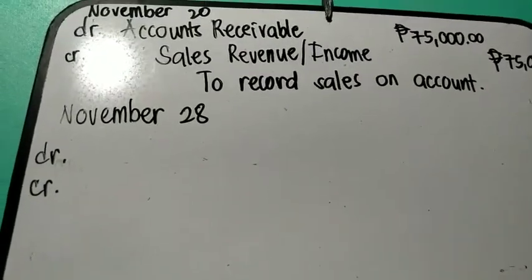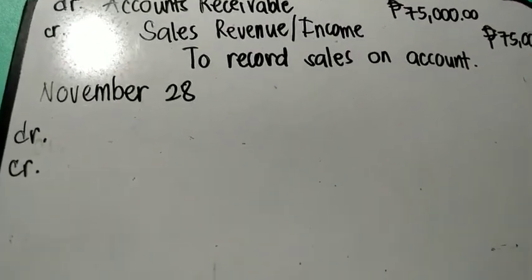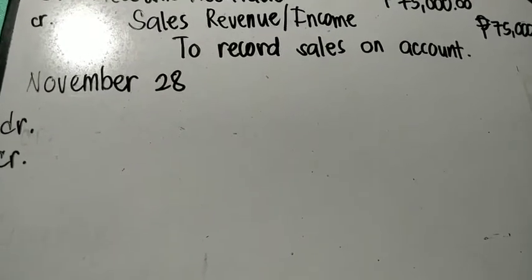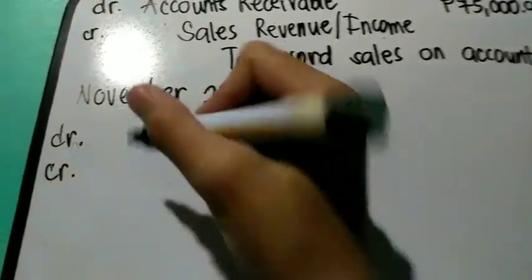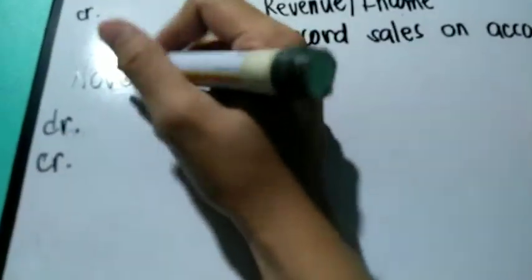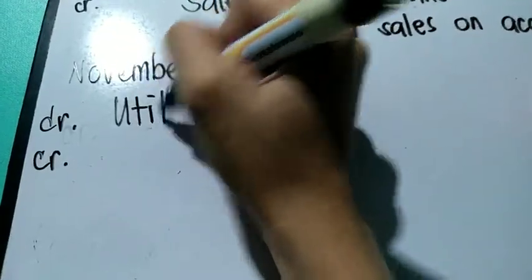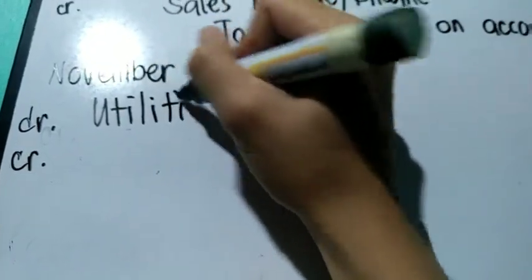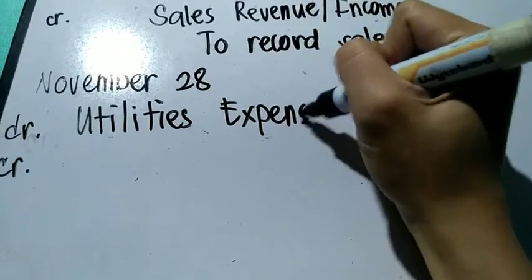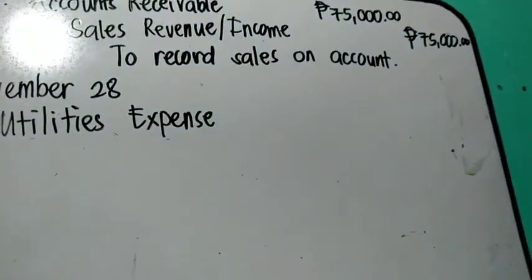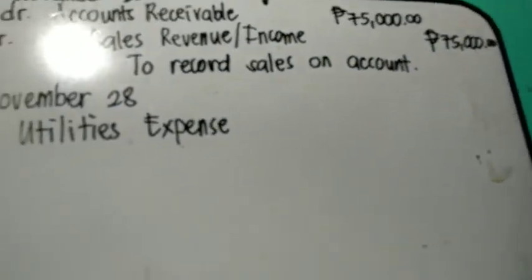Alright, so of course, since you have used up the electricity and the water, then you have these two belong to utilities. So you can say utilities expense amounting to 3,000 pesos.